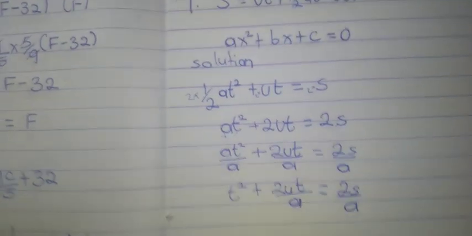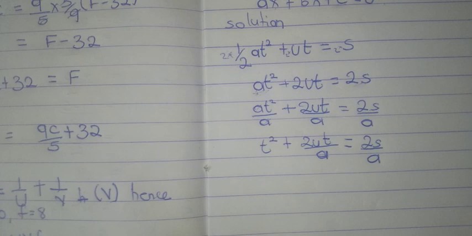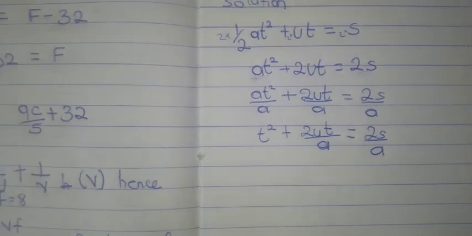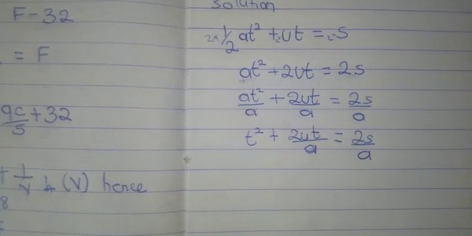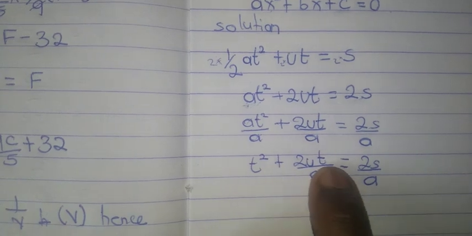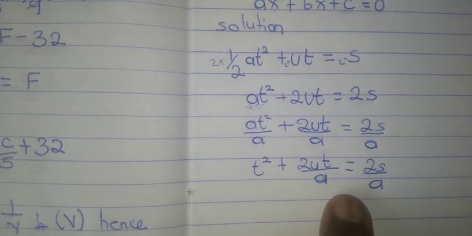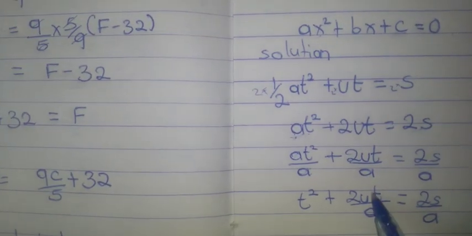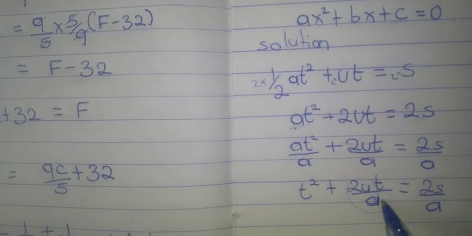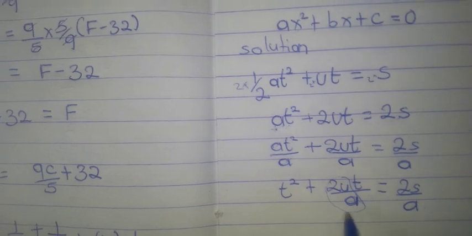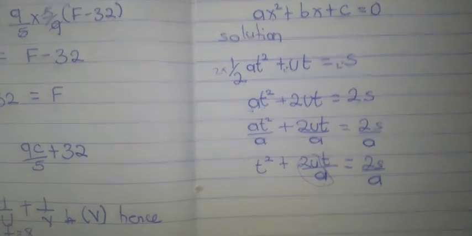From that step, you remember, this quadratic equation is in terms of t. So what will be the coefficient of t? All this is the coefficient of t. In other words, this is the position of the sum in the quadratic equation.